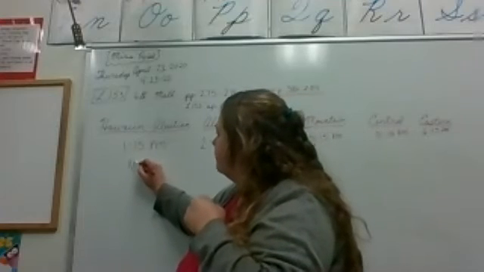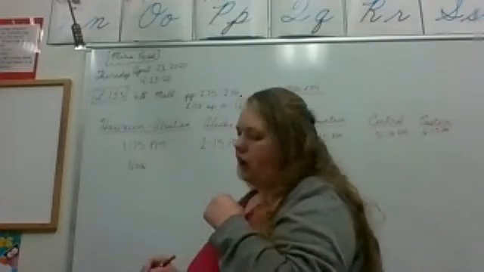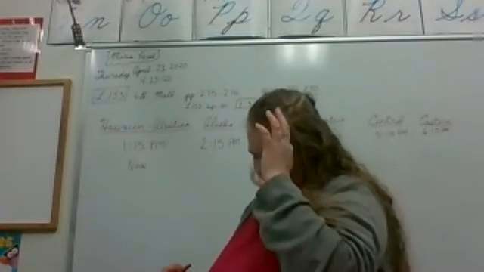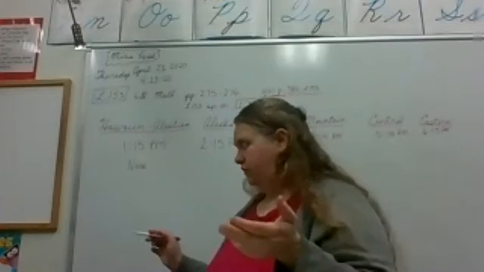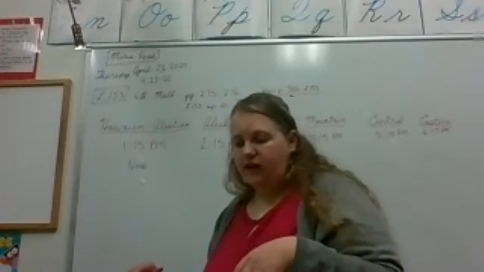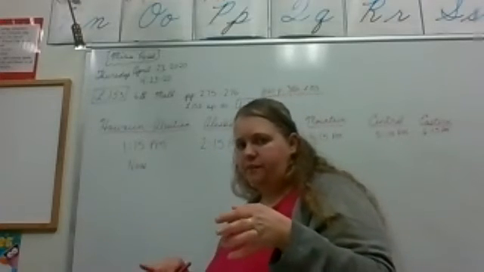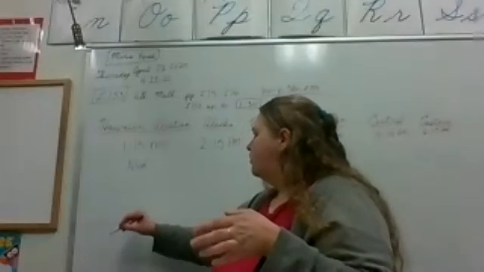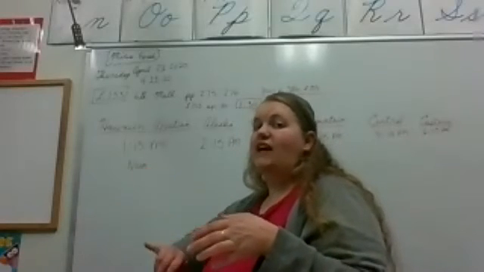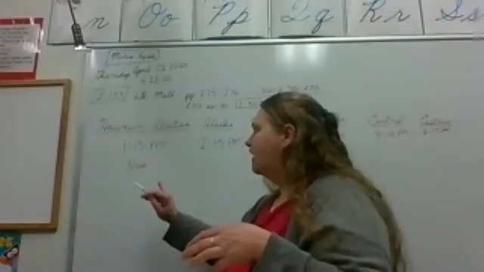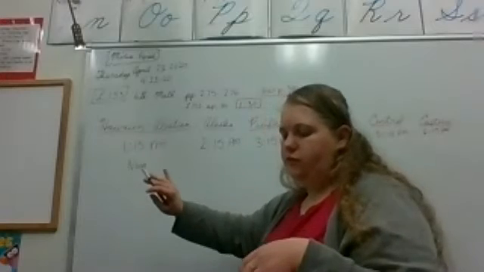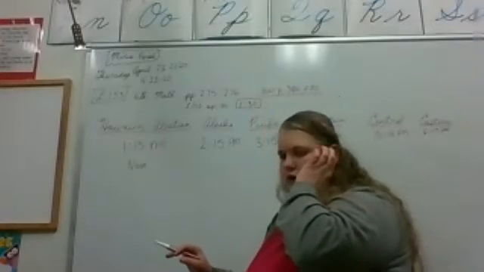Noon can be written for 12 o'clock noon. Midnight can also be written for 12 o'clock. So this is 12 o'clock PM and 12 o'clock AM is midnight. That can get confusing, so that's why we let you put midnight or noon.